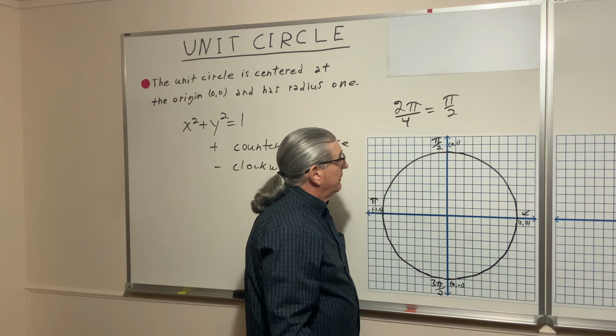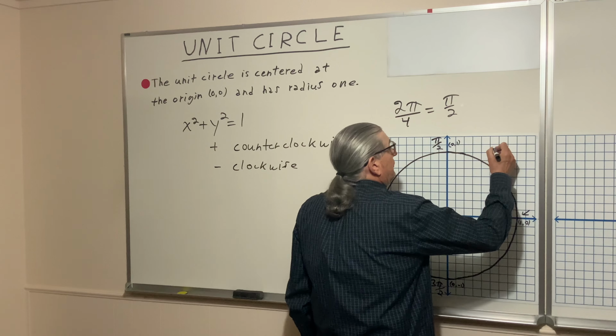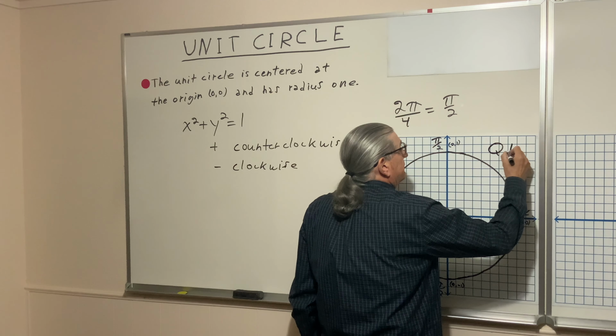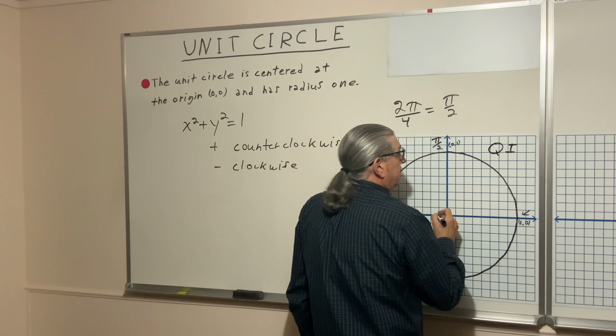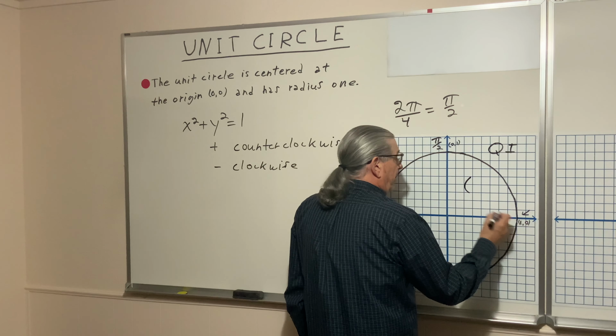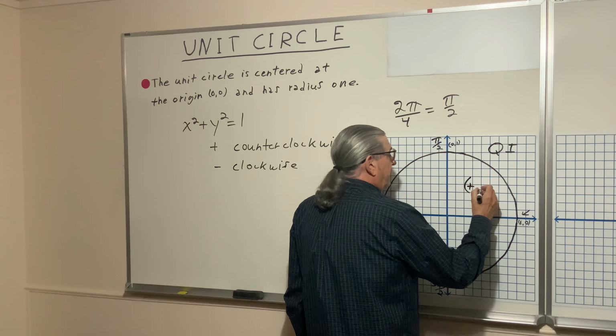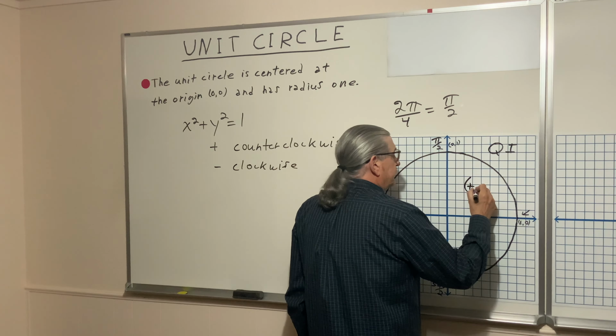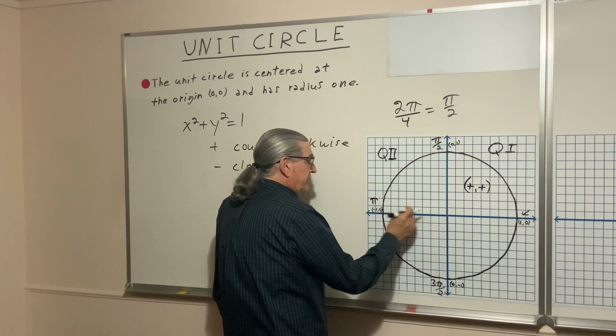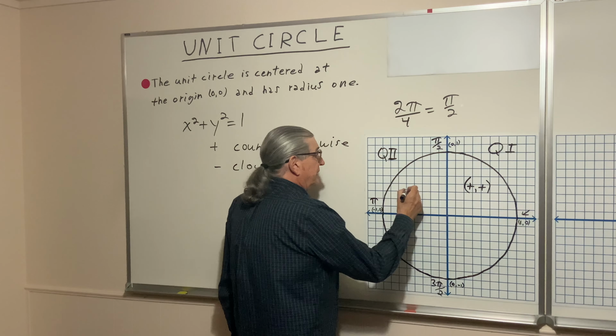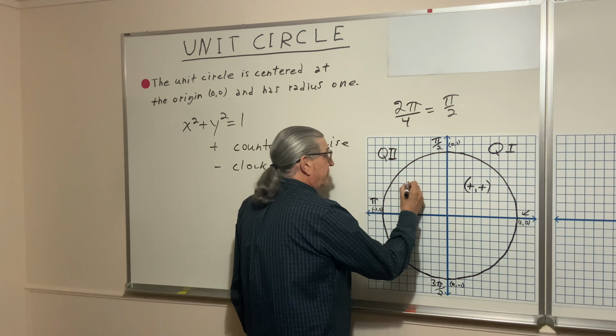All right, so let's talk about the quadrants a little bit. This is Q1, as you already know. The points in here are always going to be positive for the x-axis and positive for the y-axis. If we go to Q2, now we're out this side of the x-axis, so this is going to be negative for our x values, and we're above the x-axis, so it's positive for the y values.